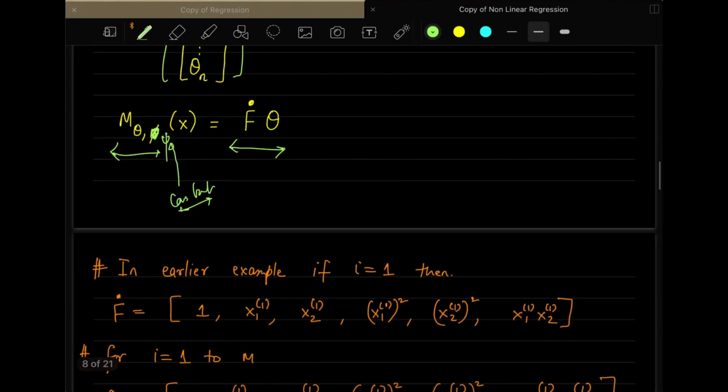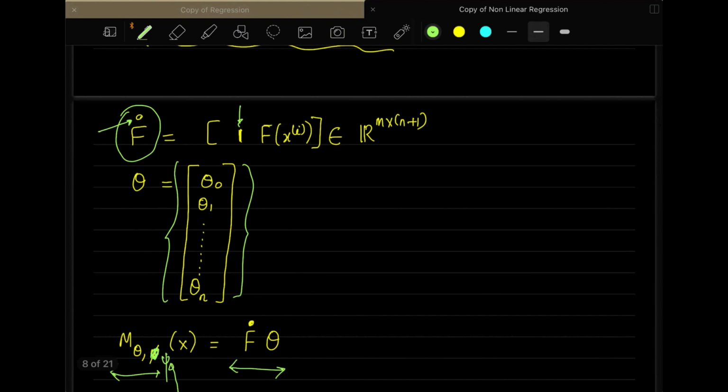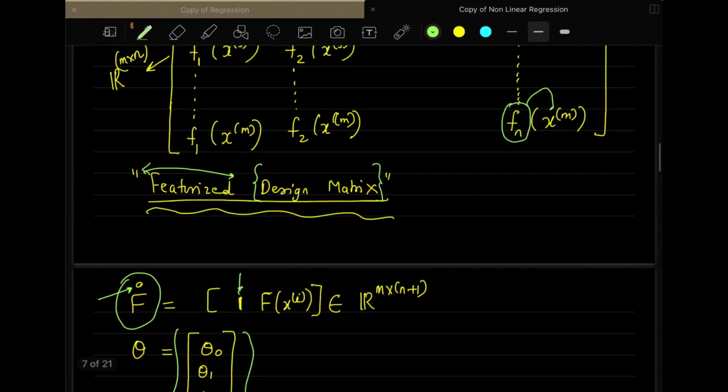Excuse me, sir. Yes. Because of this, the feature design matrix won't change, but the derivative of the cost function will change because this f is coming now. I will show you that. It's coming in the next slides. So everything is there.